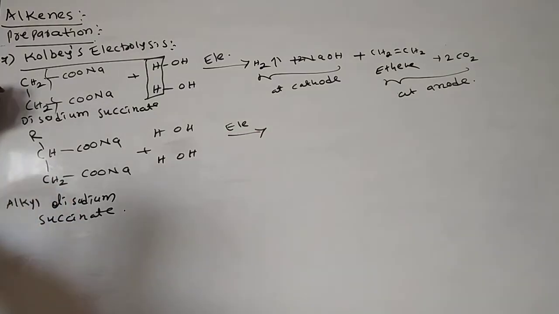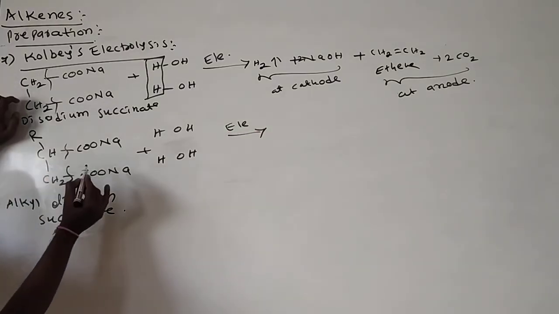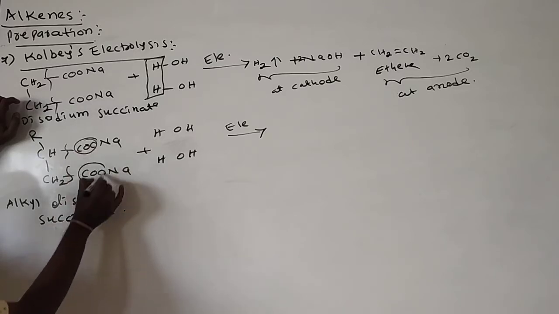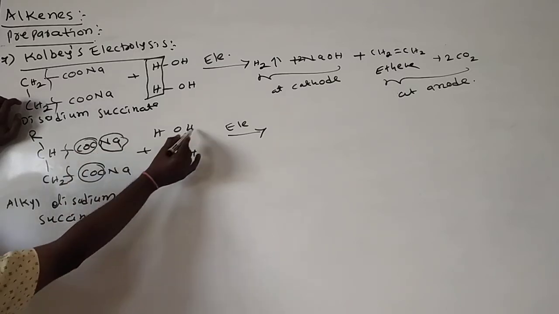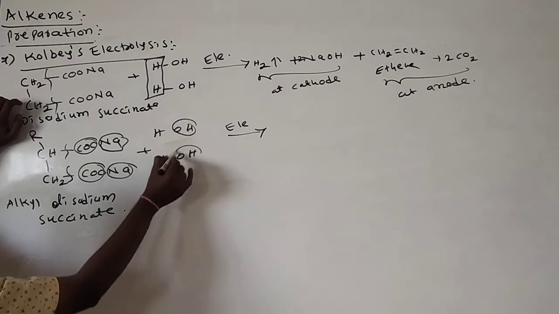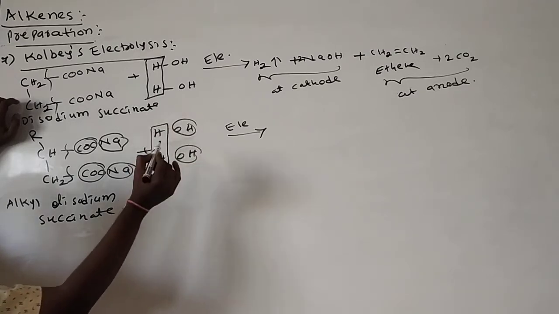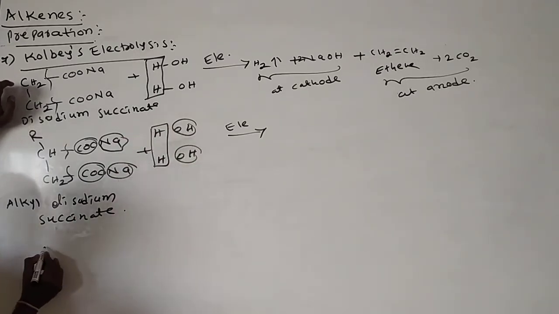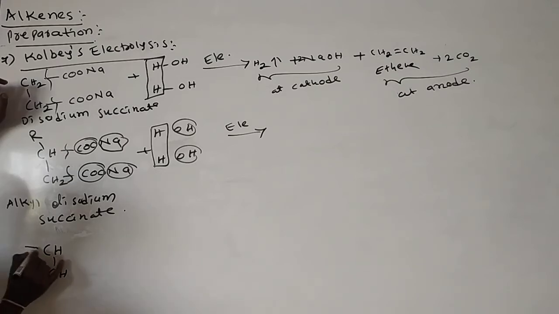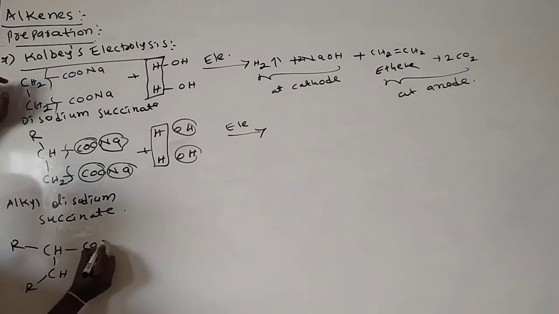What compounds are formed? It breaks here: CO2, Na reacts with OH, and hydrogen gas evolves. Write the product. Here I am taking one more molecule, dialkyl substituted.